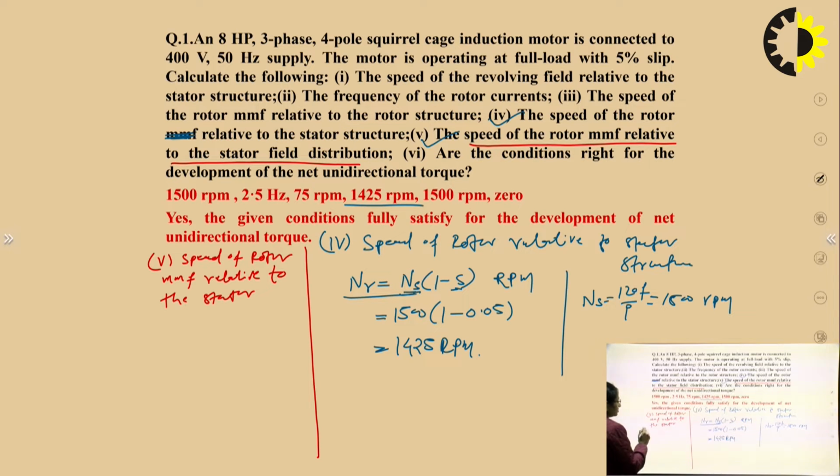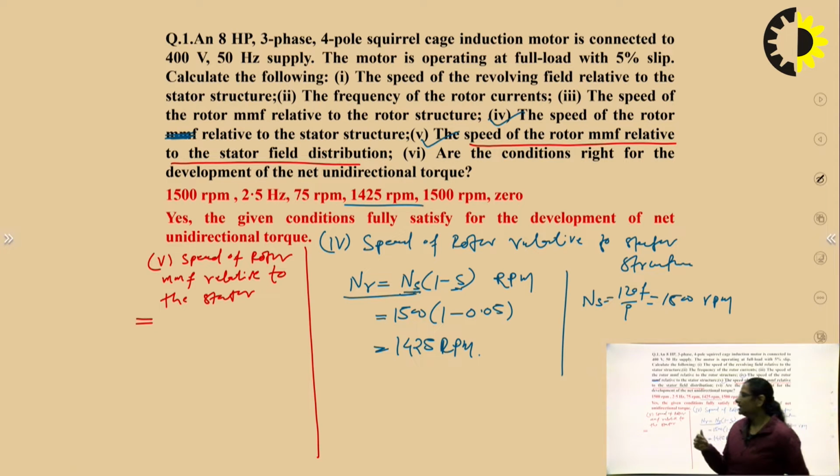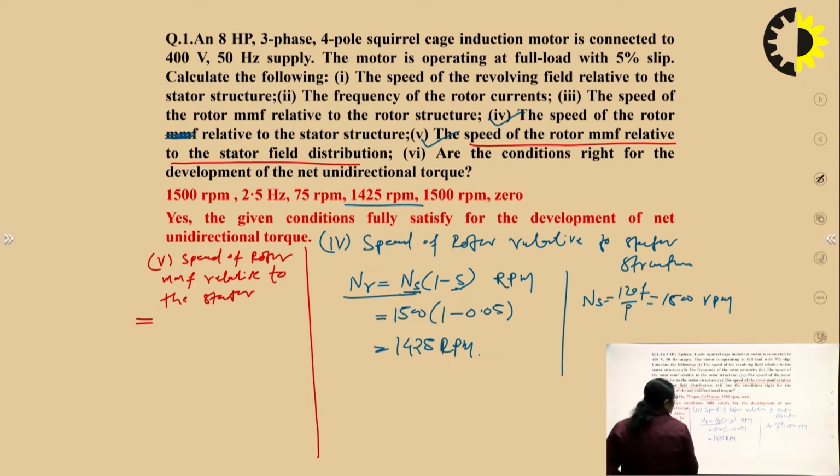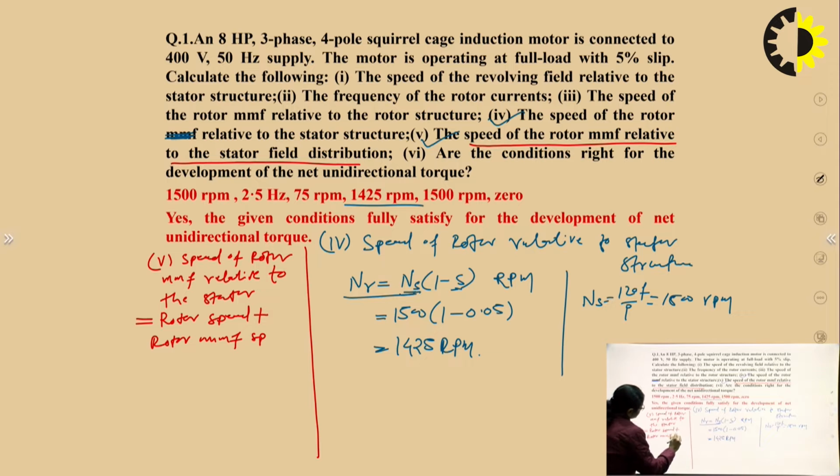Relative to stator structure, the rotor MMF would be equal to the summation of two speeds. One is the operating speed of the rotor itself and the second is the rotor MMF speed with respect to the rotor structure. So here I'll write rotor speed plus rotor MMF speed with respect to rotor structure.